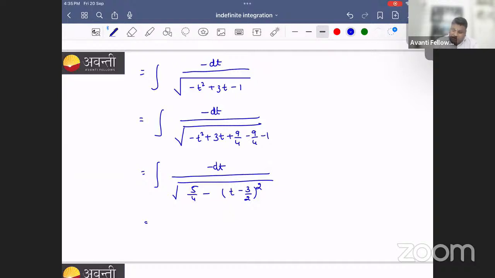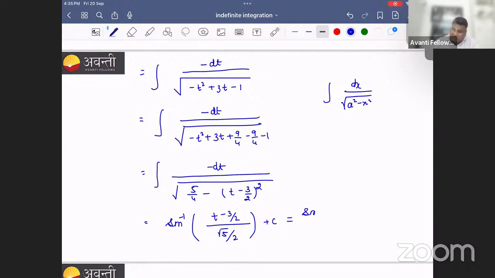So here I use the formula of integration dx upon under root a square minus x square, which is sine inverse of x upon a. So it will be sine inverse of t minus 3 by 2 upon under root 5 upon 2 plus constant.